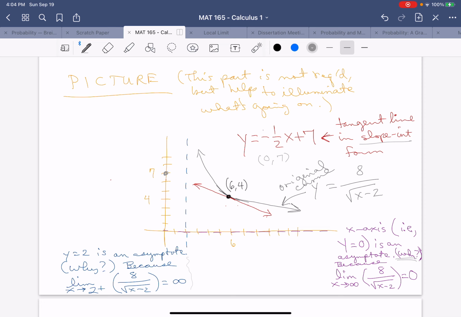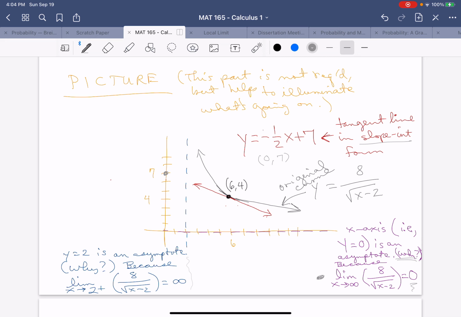Why is that an asymptote? Well, it's because of this limit here. If we look at the limit as x approaches infinity, that's equal to 0. And that's because we've got a fixed numerator, but then the denominator is getting big, big, big. And remember, fixed, or you can think of it as small, over really big is really small, and that goes to 0.